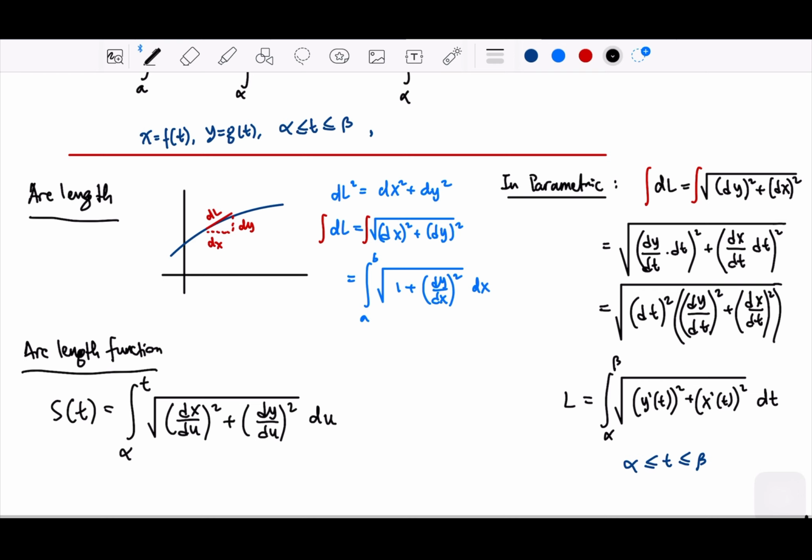Basically, why we need to add this du is because we want to operate on this. If we operate on this with dt, we cannot do that, because in arc length functions, t is our variable, not supposed to be a constant, right? We are going to define all of this into one variable t.